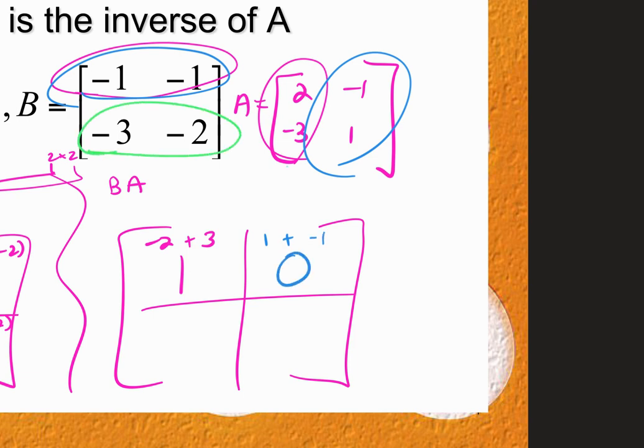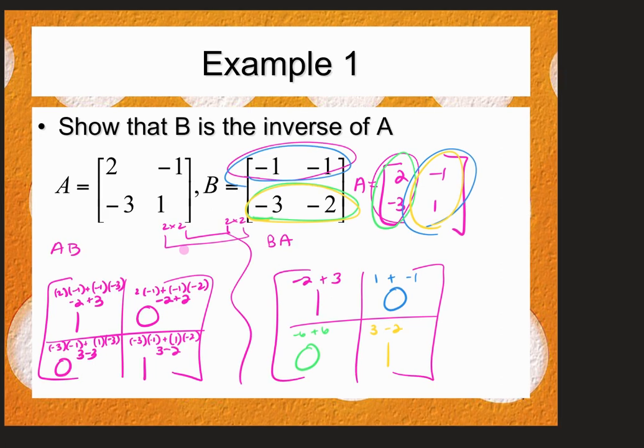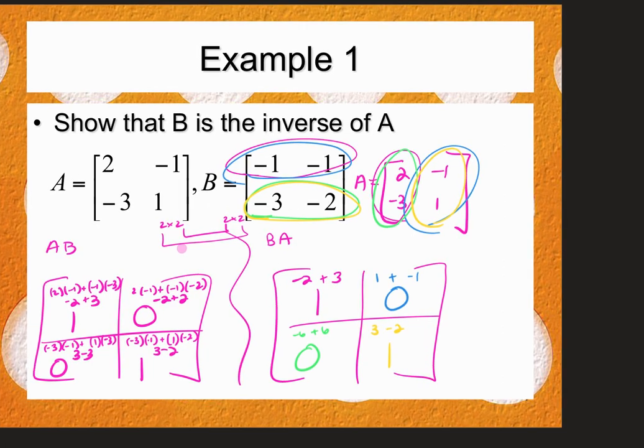Then I go row 2, column 1, -6 plus 6, there's my 0. And the last one, row 2, column 2, +3 minus 2, there's my 1. So if it said show that it's the inverse, you have to show both A times B and B times A. Good so far?